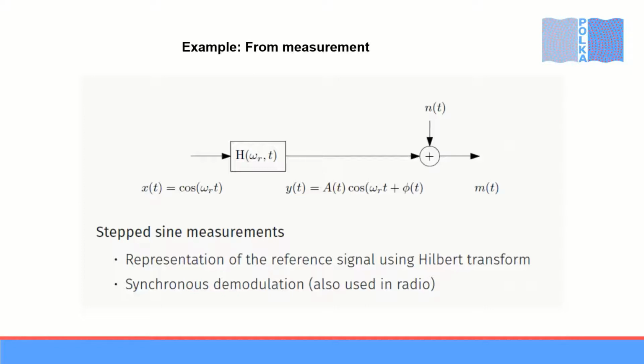Luke used techniques where he had step sine measurements, and then he used the Hilbert transform technique and so-called synchronous demodulation techniques. You can find more information about these things in his thesis.